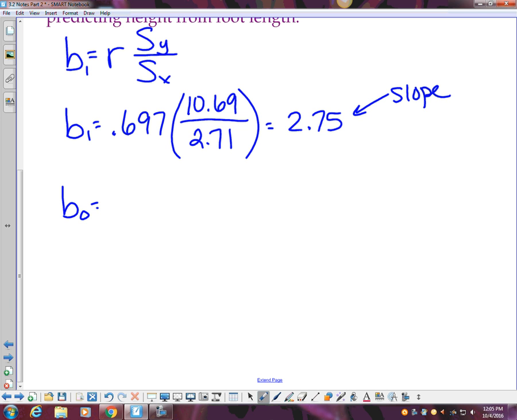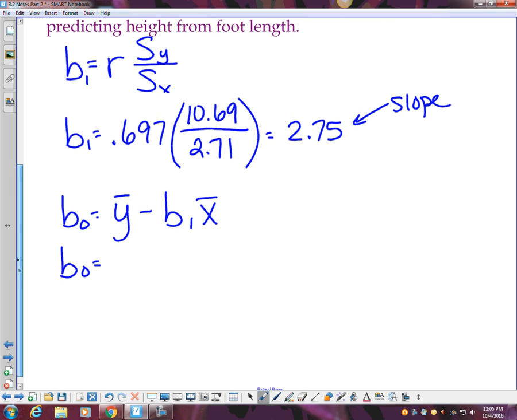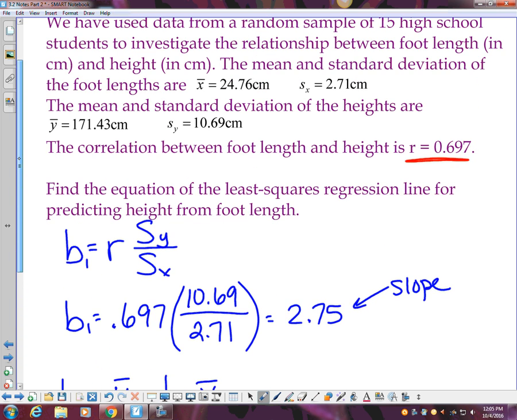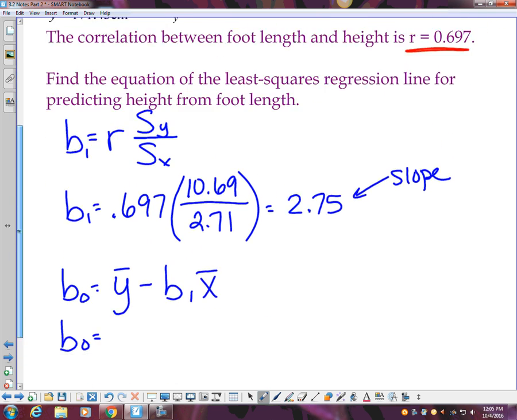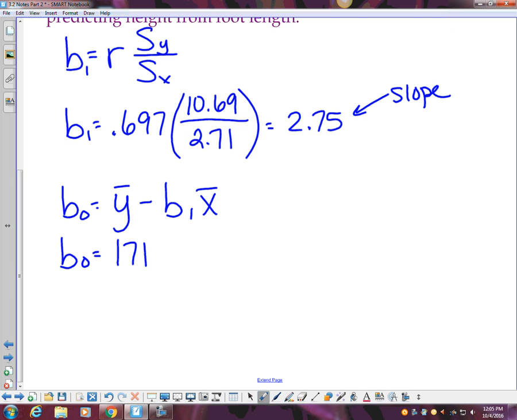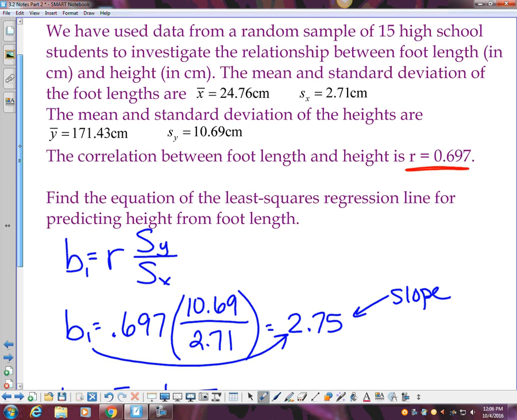So my formula on my formula sheet is y bar minus b sub 1 times x bar. So b sub 0 equals, if we go back up here, my y bar is 171.43 minus my b sub 1, which is my slope, times my x bar, 24.76.